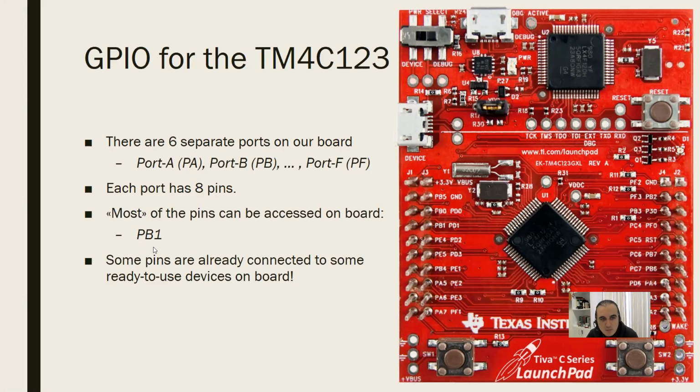For example, port B's bit 1 is written here, and it is this pin. If you connect something to this pin, a sensor maybe, you will be able to read it from port B's bit 1. That's why the names of the ports are already written on the device, if you haven't realized already.